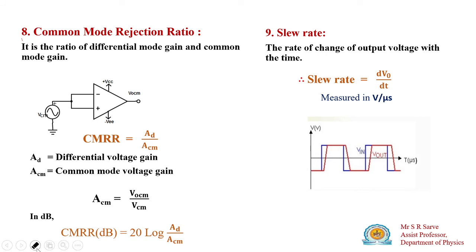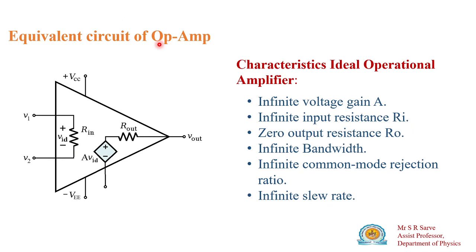And the common mode gain ideally should be 0. 1 by 0 means infinity. So that's why we say that the ideal operational amplifier should have infinite common mode rejection ratio, that we are going to learn in this lecture.